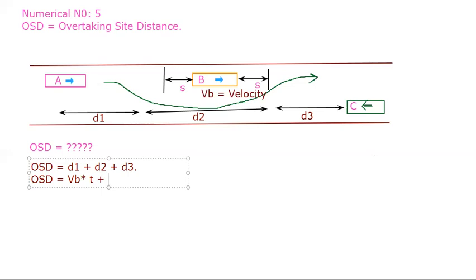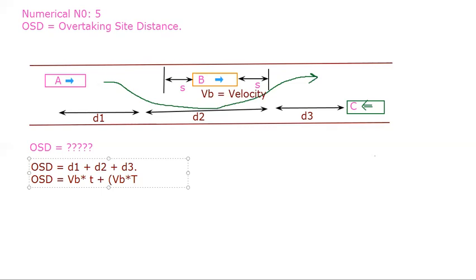Now for d2, your distance will be b plus 2s, and the value of b will be VB into time T, that is velocity of B multiplied by the total reaction time.